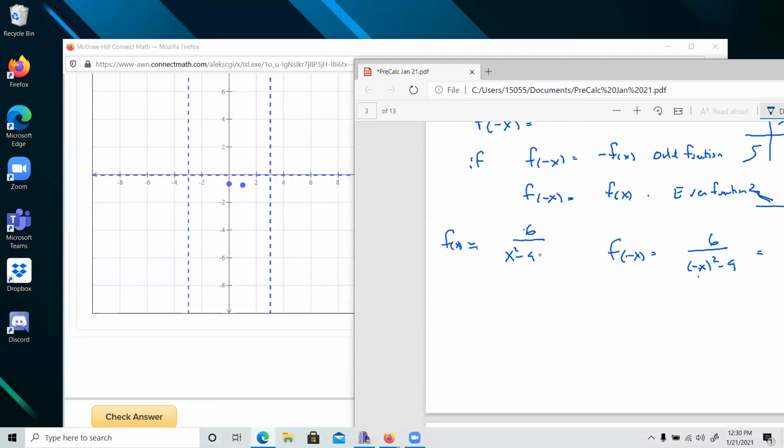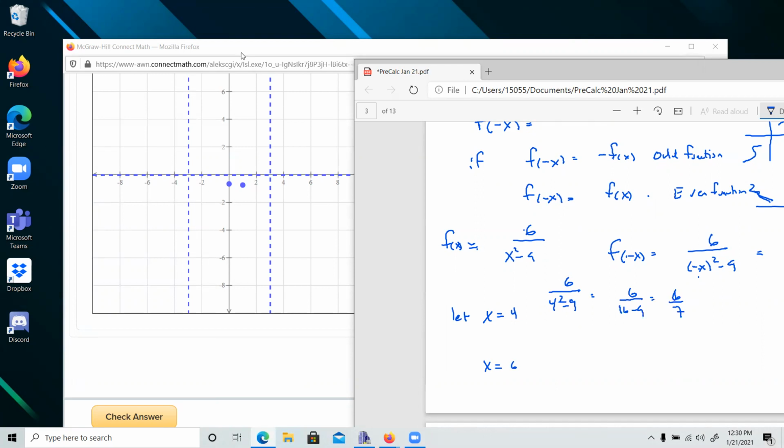Okay, so let's try. Pick your favorite number that's bigger than 3. How about x equals 4? So we have 6 over 4 squared minus 9, so this is 6 over 16 minus 9, and I believe that's going to give us 6/7.